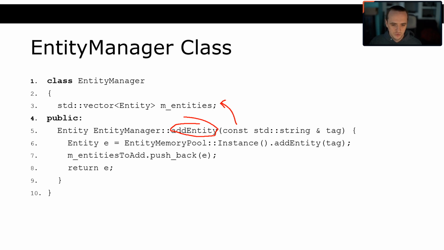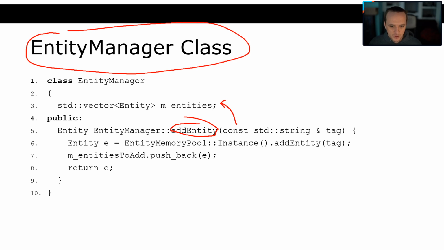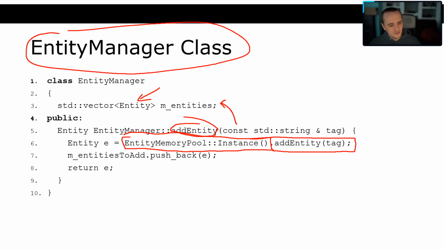So one more change to the add entity function of the entity manager class: it has to call the entity memory pool instance's function, and then it just pushes it back. And now we no longer have to store shared pointers to entities because entities are only integers. So we can just pass entities by value all over the place.